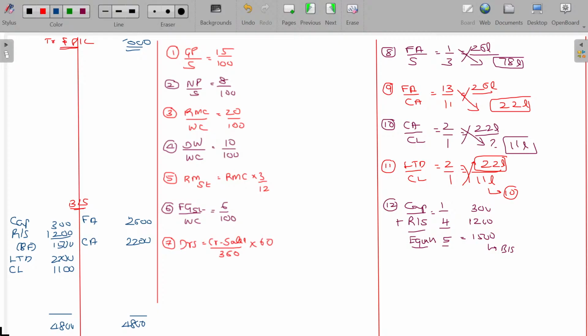Apart from that, we now need to solve the other things also. What can we solve?